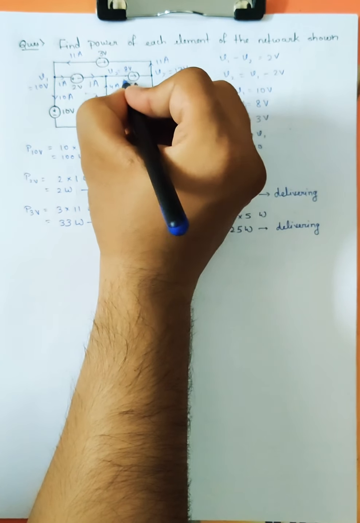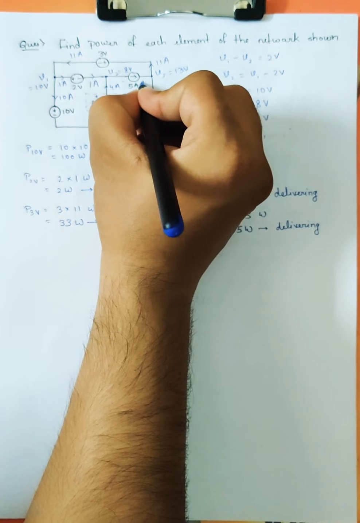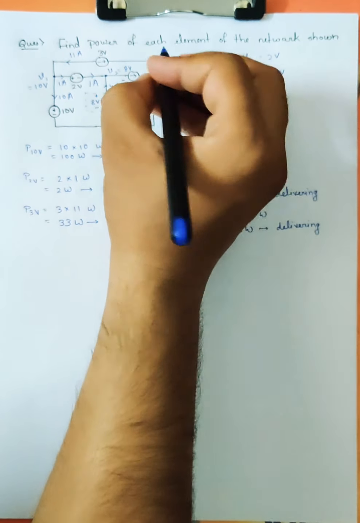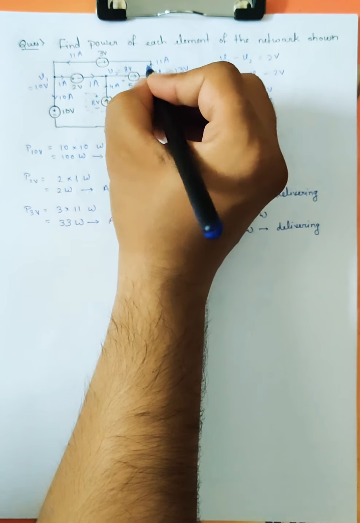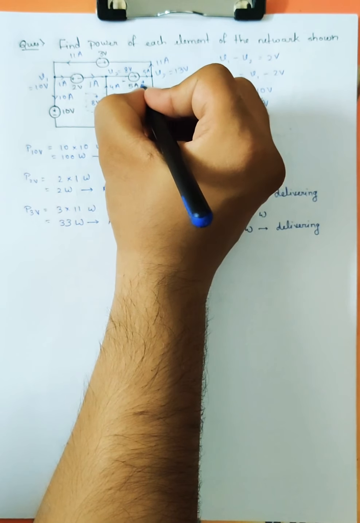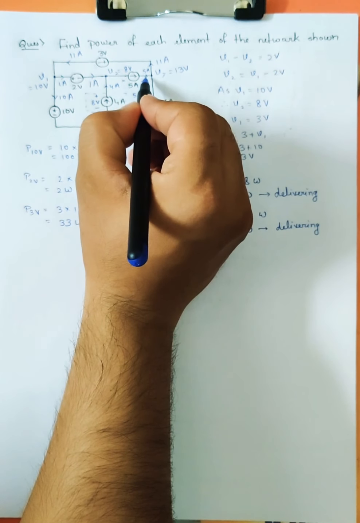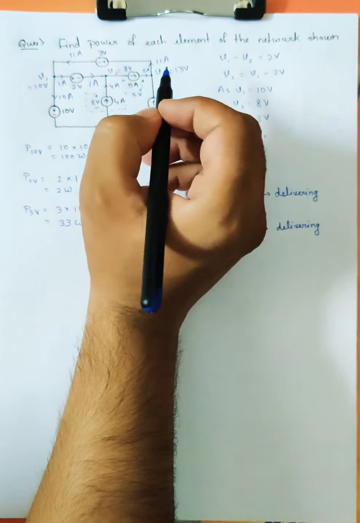This terminal is at higher potential, so this will be positive and this will be negative. The current is 5 ampere, voltage is 5 volts.